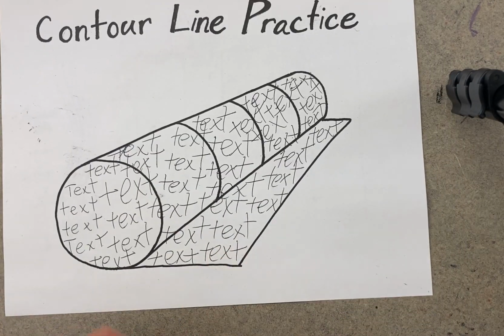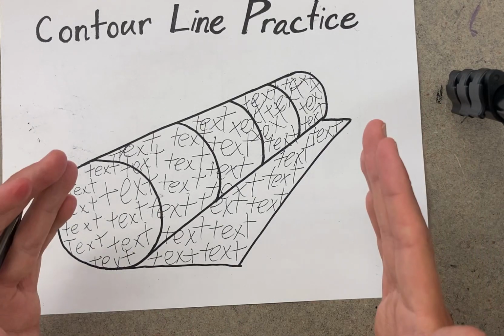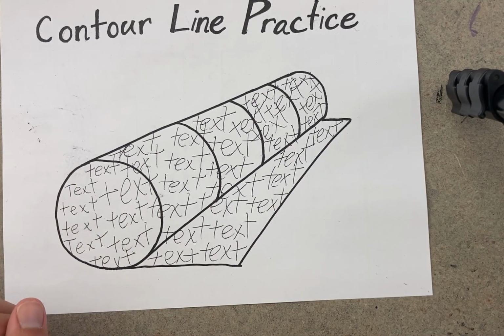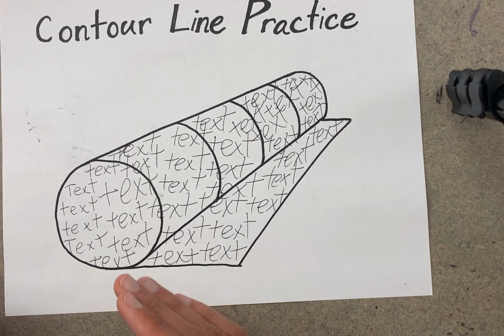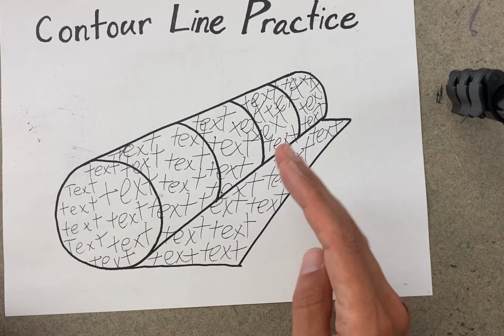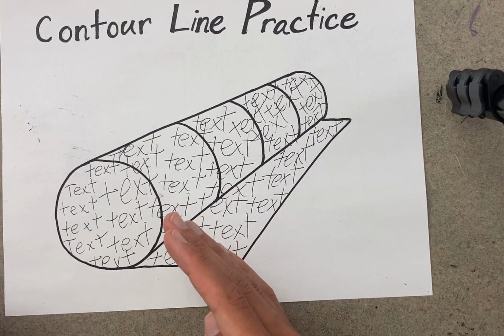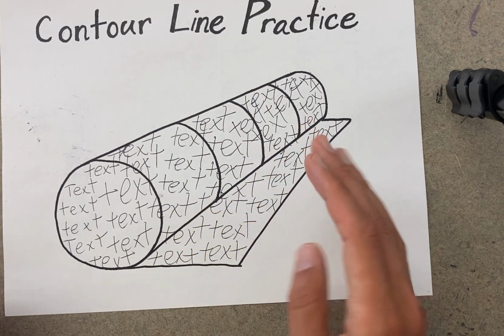Okay, now that we have a full layer of text, what we want to start doing is picking out the darkest areas of our cylinder. The value scale here is going to progress back in space. So we'll start with light and we'll make it go darker.